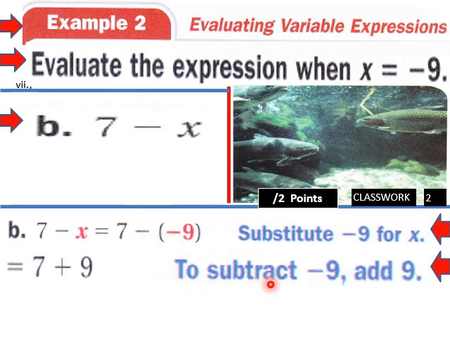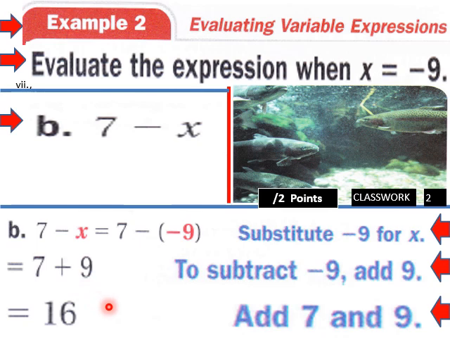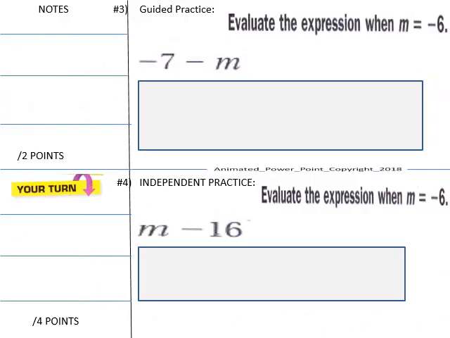The way they explain it is to subtract -9, add 9. Well, okay, it's just another way of doing the same thing. And then 7 plus 9 is 16. So when you plug in -9 for x into this expression, it evaluates to 16.